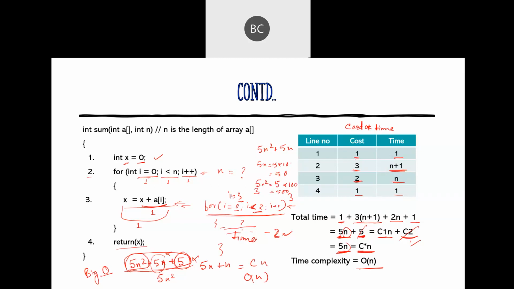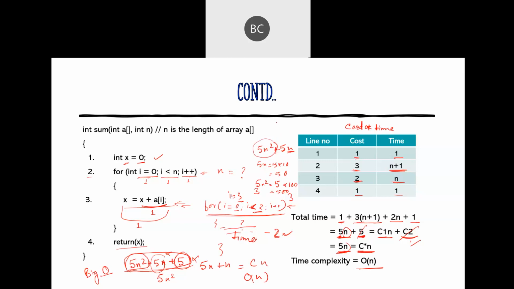If you increase the value of n, it increases the time taken by the algorithm. But when you consider this n squared, it is increasing exponentially. The moment you are increasing the input value, if input is 1, then it will be 5 into 1 squared, 5.